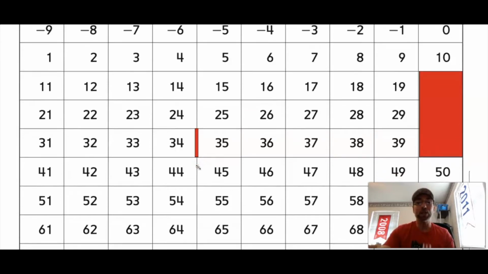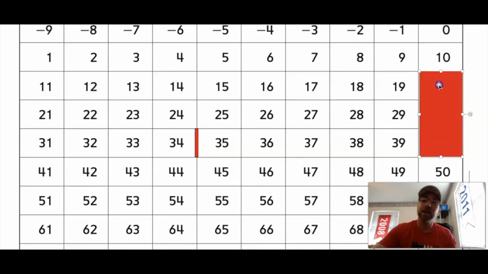But we can also go up and down a number grid. I went and hid some numbers that go up and down the number grid. I start with the number 10. What number is underneath the number 10? If I had a number grid, I would look for my number 10 and then go down.